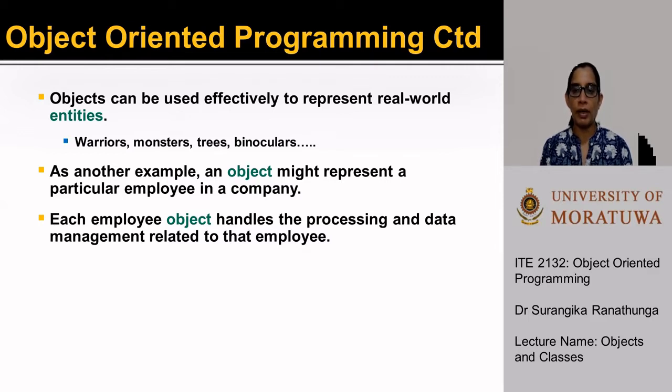So there can be multiple employee objects corresponding to different employees. Each employee object handles the data only belonging to that particular employee. So if I am an employee, my employee object will handle only my details, not someone else's details. So that is something important you have to remember.